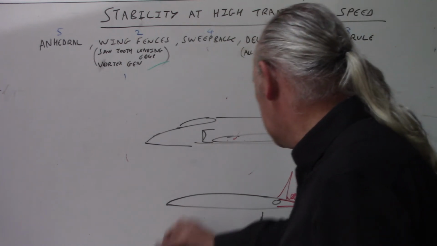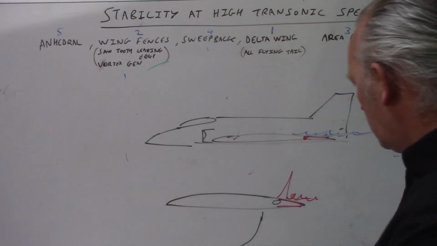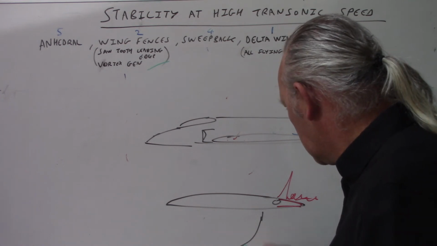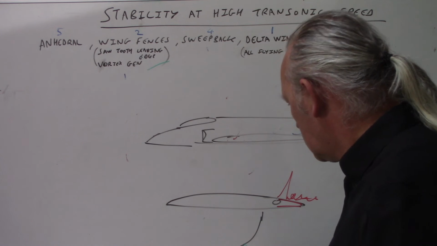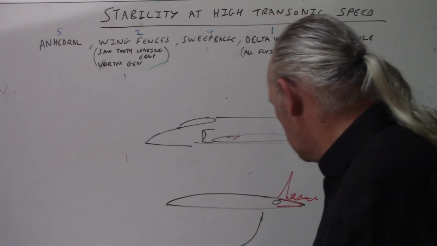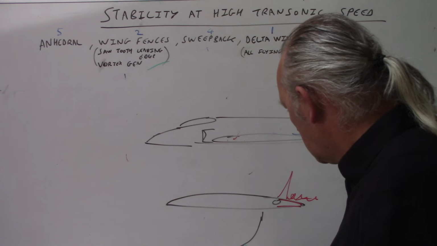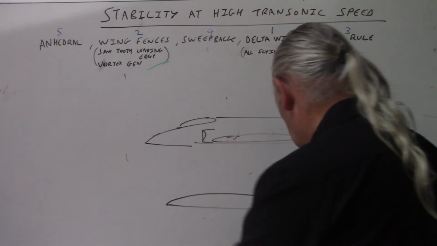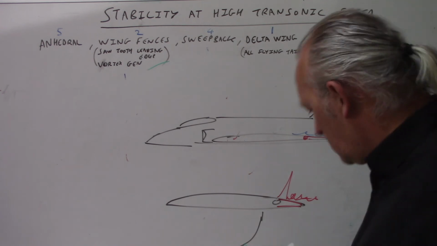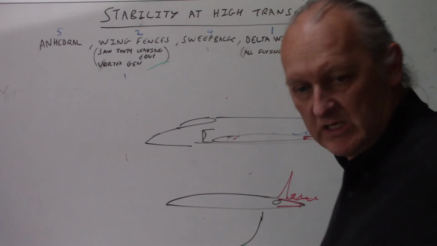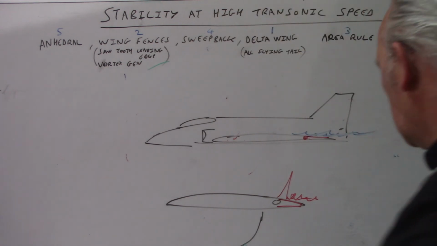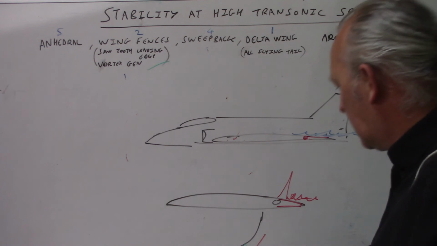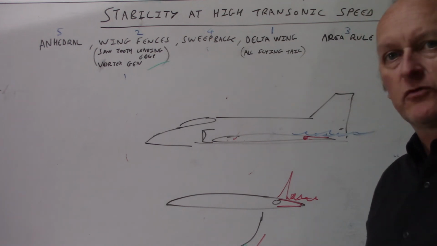But basically the cranked delta on Concorde forms vortices like that, like a triangle of vortices like that. And it makes sure that the elevons, and the flaps, so I think Concorde has standard flaps, not inboard elevons. So the elevons, the way the shock wave forms on a swept back wing for Concorde is that the shock wave will form along that wing like that, and it will never cover all of the elevon.